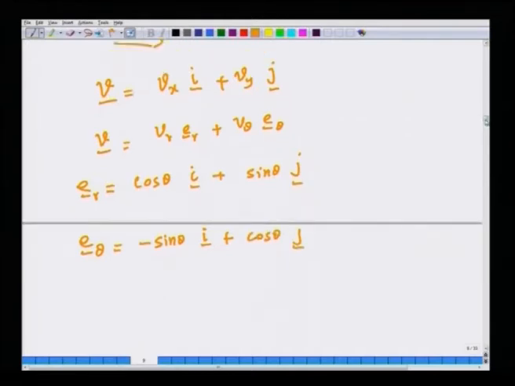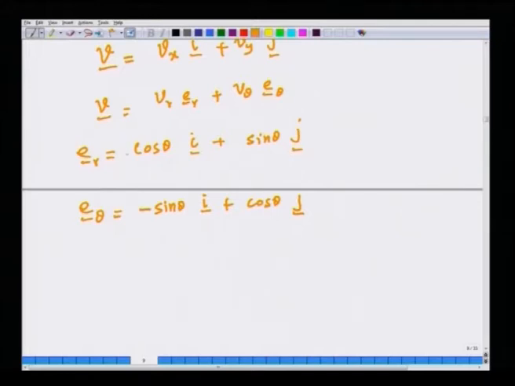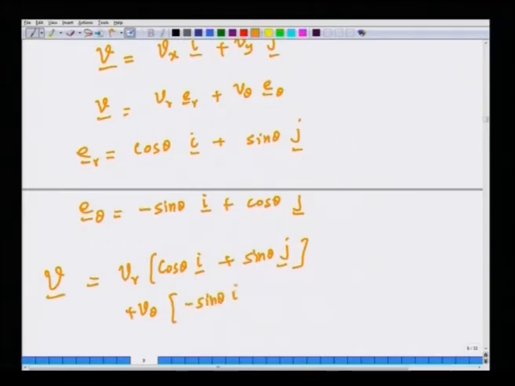So, we can plug these values of e r and e theta in terms of i and j and write the velocity in Cartesian coordinates. So, v becomes V r times (cos theta i plus sin theta j) plus V theta times (minus sin theta i plus cos theta j).